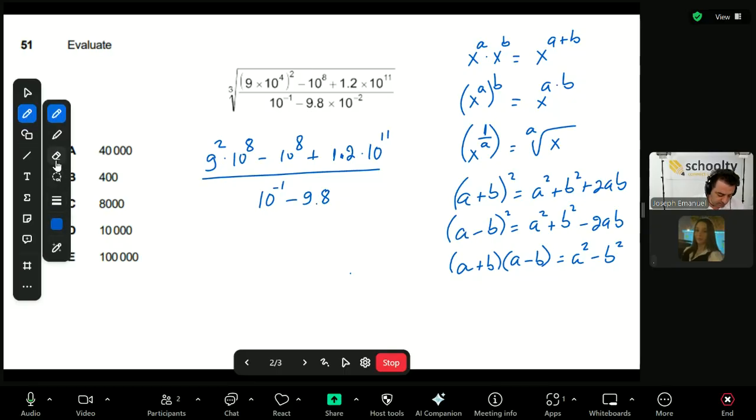Let's simplify it without too much complication. We have here 0.1 minus 0.098. Okay, so actually we can rewrite this as 0.002.